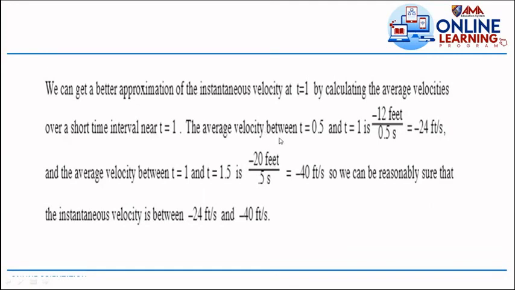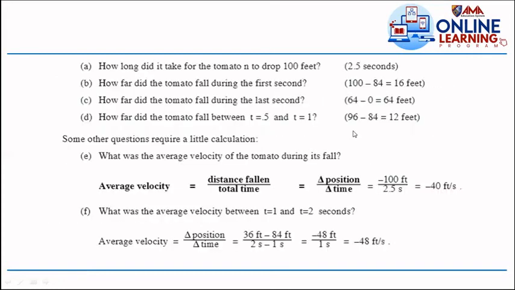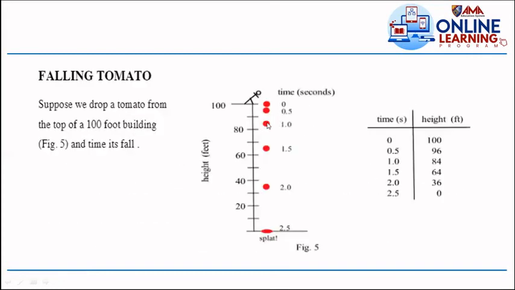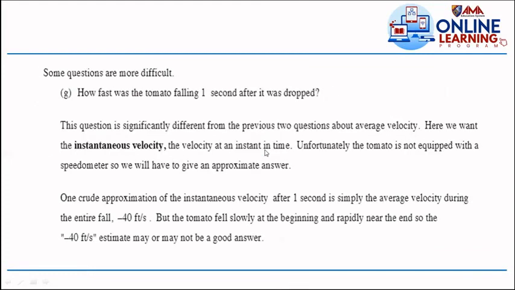So the average velocity between t is equal to 0.5 and t is equal to 1. To get that, since this is our area of concentration, we take these two, from here to here, then from here to here, to get the average velocity of the fall.